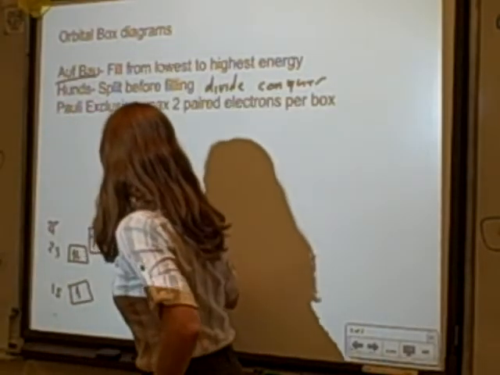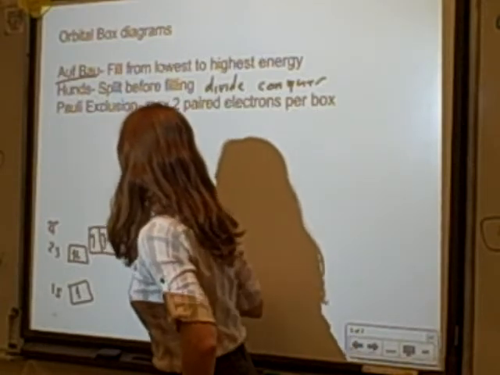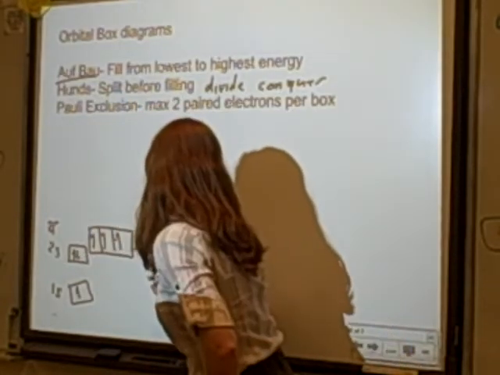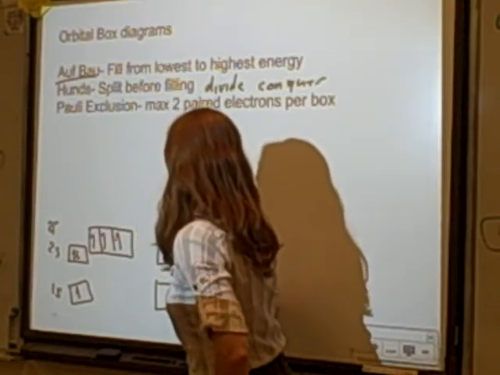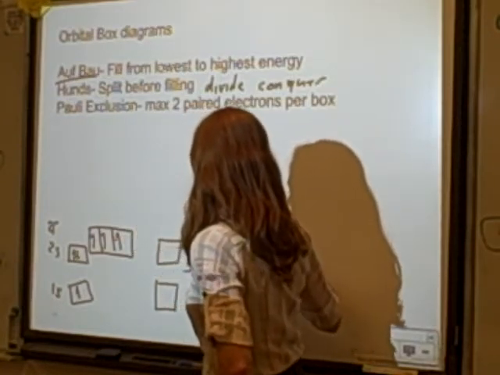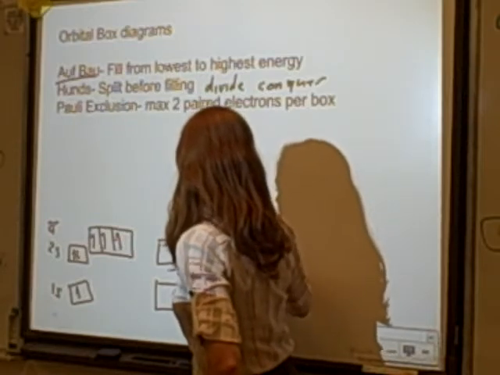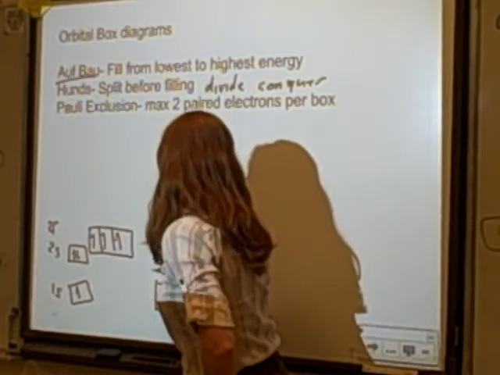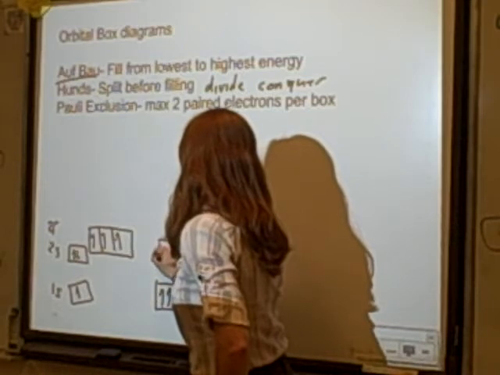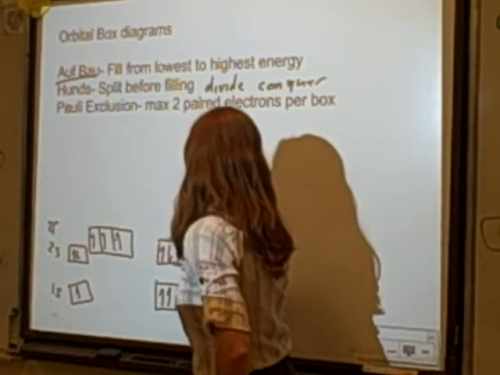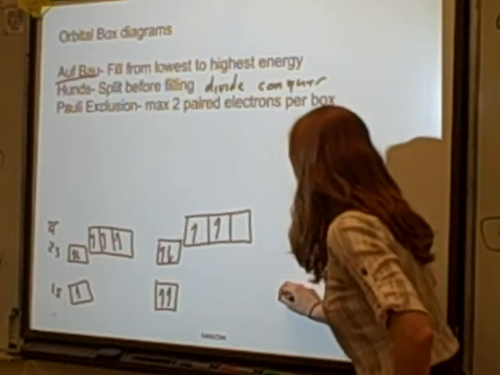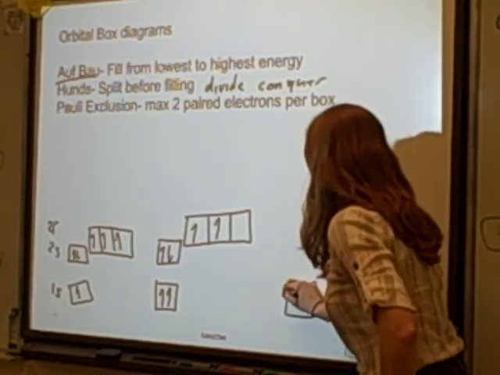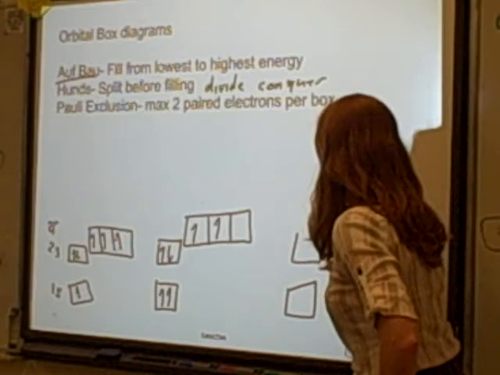Then for the next one, it'll still be 1s here, 2s, and 2p. I'll make this violate a rule too. Okay, and then this one will violate a rule as well. So see if you can figure out which one each one is violating.